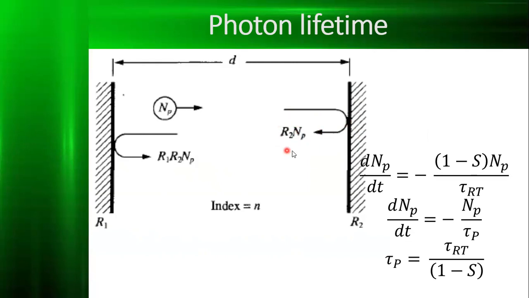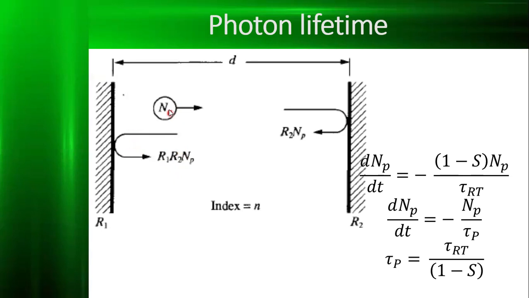Then these R2 times NP photons travel in the back direction till they hit the first mirror, which has a reflectivity of R1. Accordingly, some of these photons will escape the cavity, and another portion will be reflected back. This portion will be R1 times those that hit the mirror, so R1 times R2 times NP.